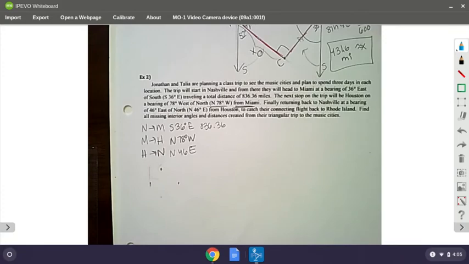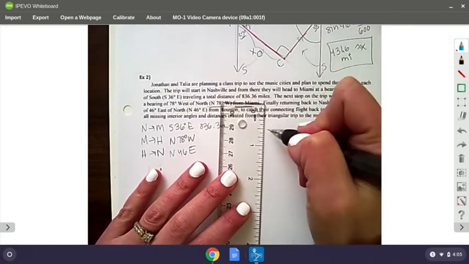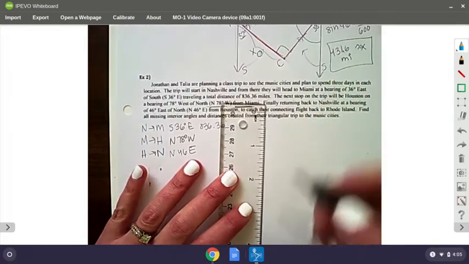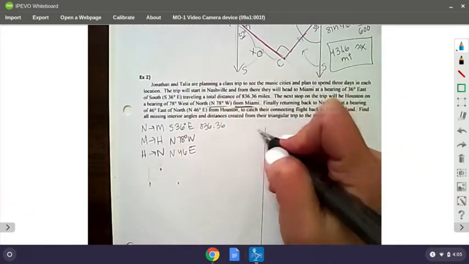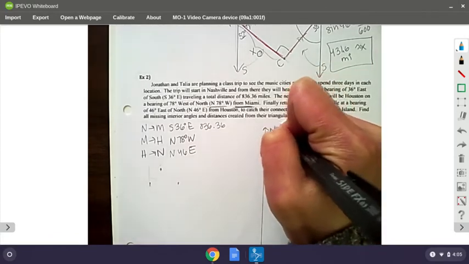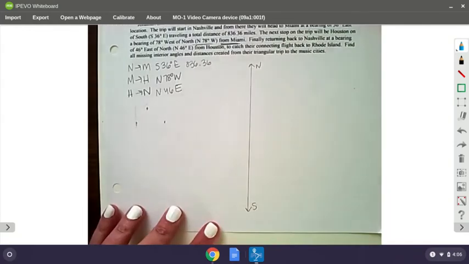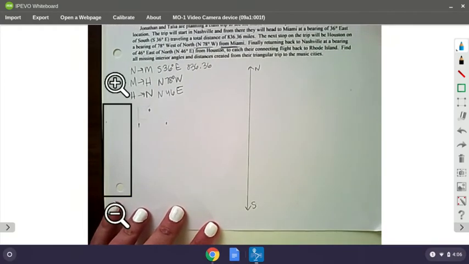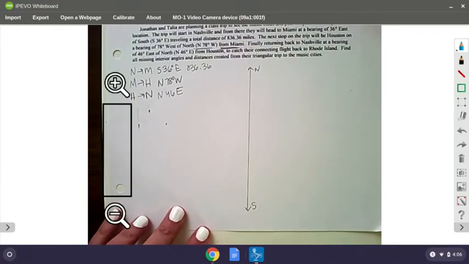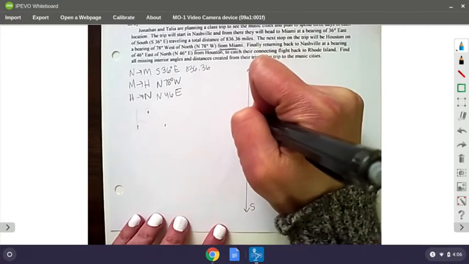Okay, so I'm going to do Nashville first. So you want your bearing line. I'm doing Nashville first because when you don't have two bearings from the same place, you can just go in order that it's listed. So since they travel from Nashville to Miami, from Miami to Houston, Houston to Nashville, you can do Nashville first. So there's my north and my south.